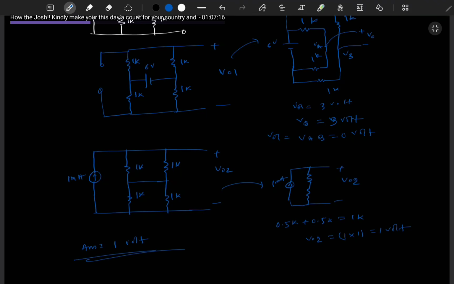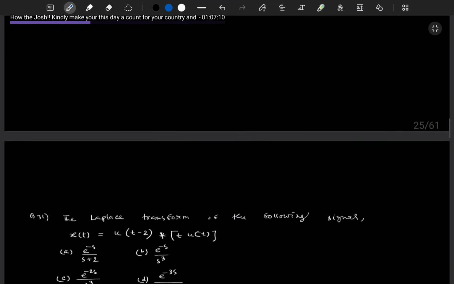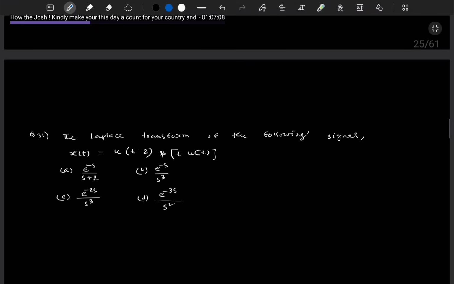Okay. Let's move on. The Laplace transform of the following signal.